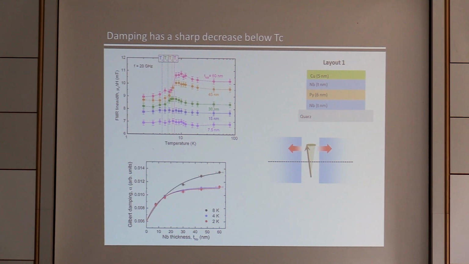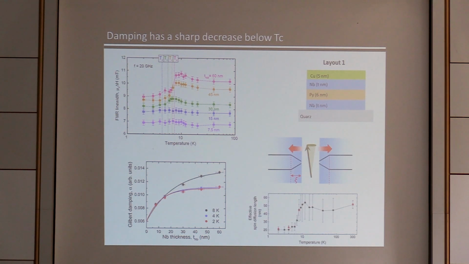Differently from a normal metal, here we just need to take account of the opening of the superconducting gap below the transition temperature, which basically reflects in a lower population of quasi-particles above the band gap.